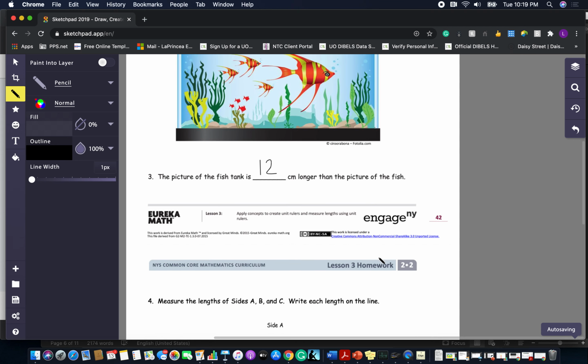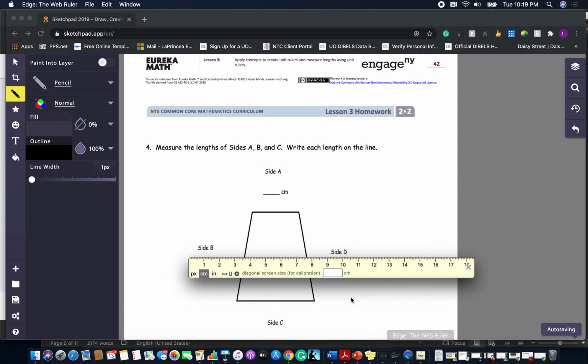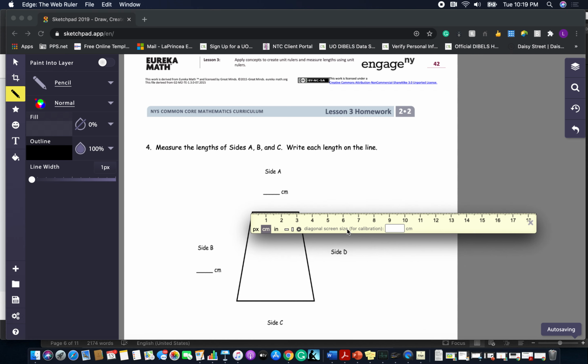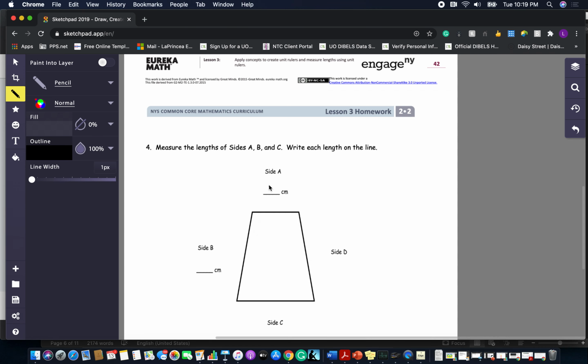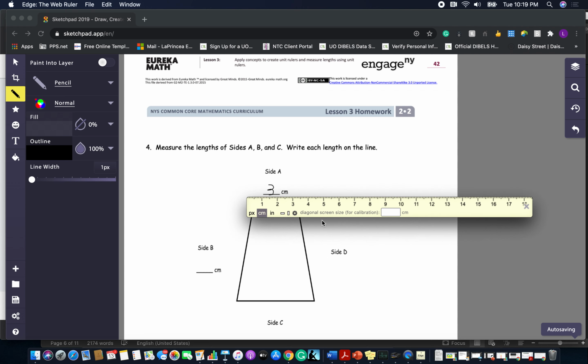And so on your problem set, you guys are going to do the same thing. The only difference from the lesson today is that we're using a ruler instead of a centimeter cube. You're going to have to measure each side of a shape. So starting here, this ends at 3. And then I'll have to see if I can rotate my ruler.